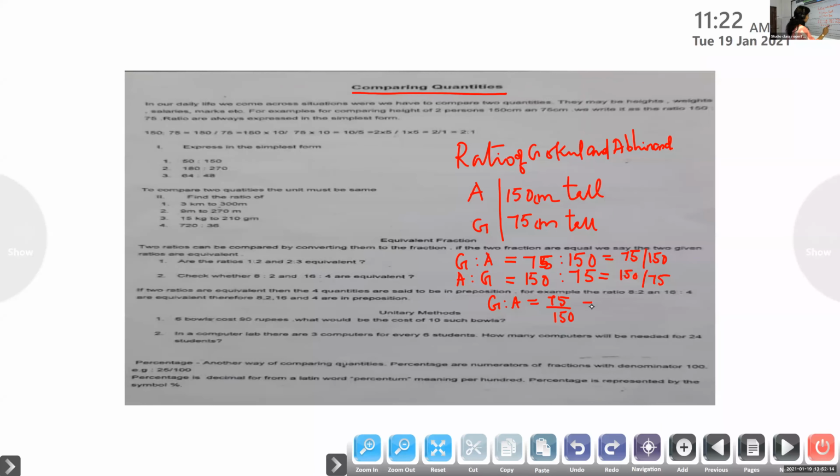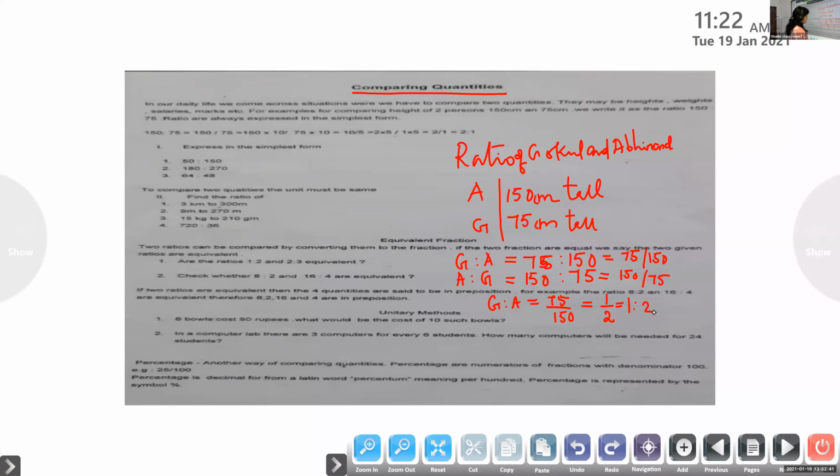You know, 75 into 2 is 150. Take 75 as common factor. 75 into 1, 75. 75 into 2 is 150. So 1 by 2. So our ratio is 1 is to 2.